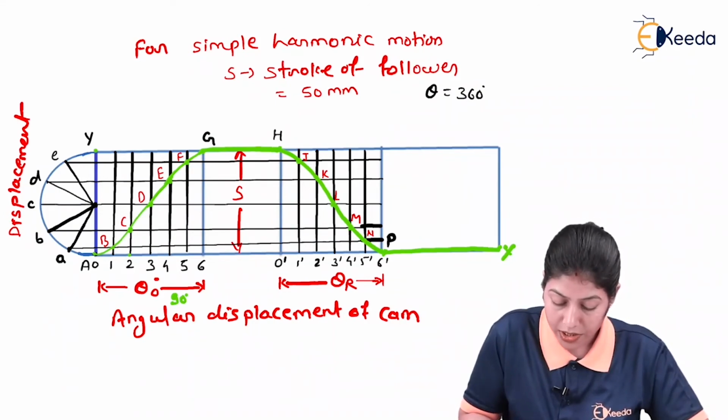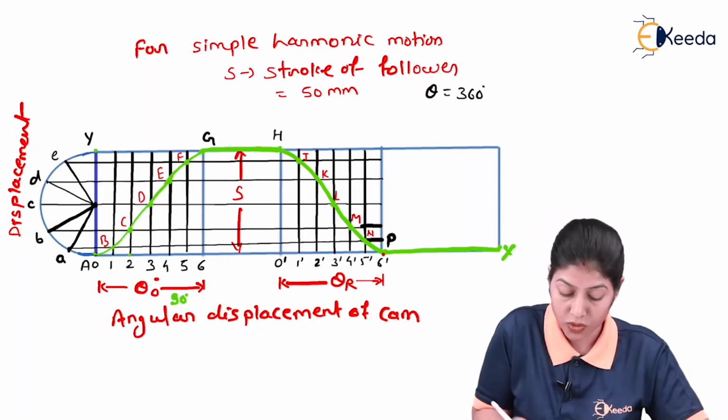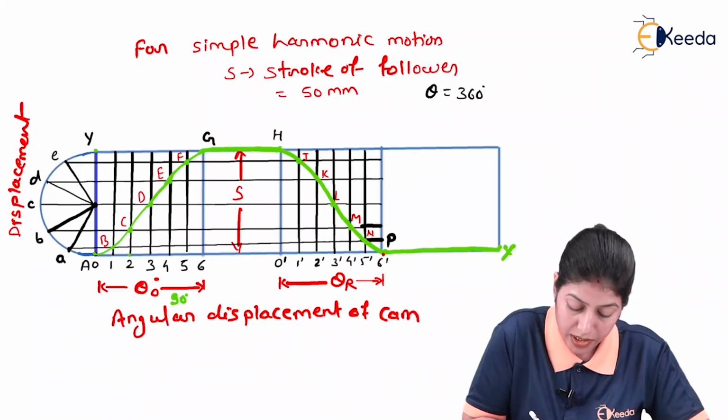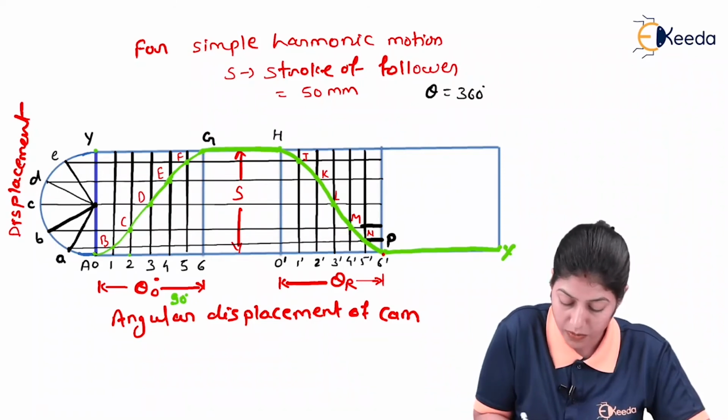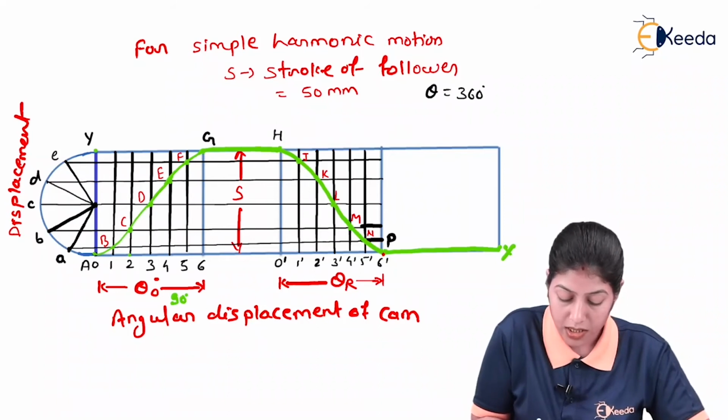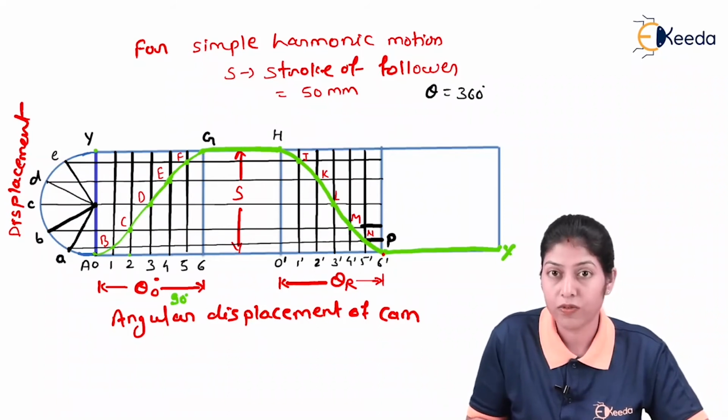Then 0 dash H, 1 dash J, 2 dash K, 3 dash L, 4 dash M, 5 dash N, and this 6 dash we will mark on the return stroke. So we will first determine these particular distances, and then we will mark these distances over the inclined line of the cam.